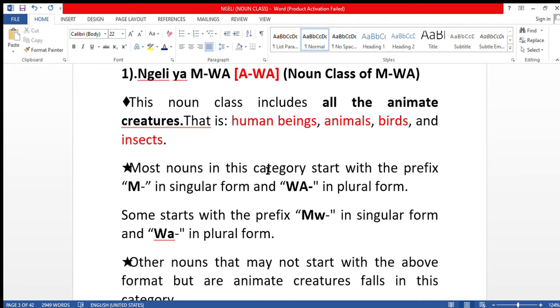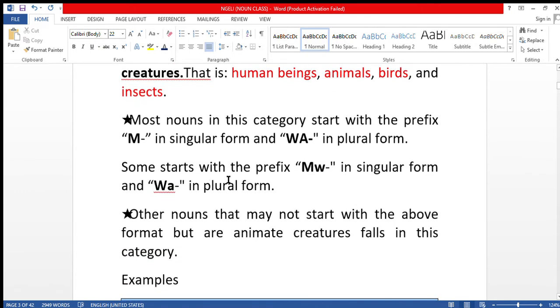Most nouns in this category start with the prefix M in singular form and wa in plural form. Some of them start with the prefix MW in singular form and wa in plural form, as we'll see in the table that I'll show you soon.